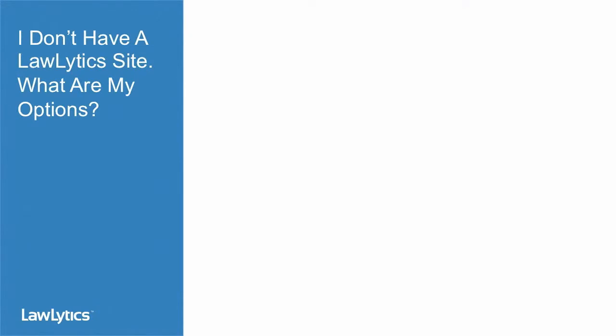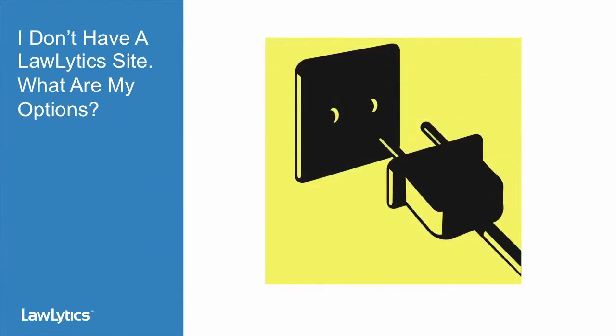So now you're probably wondering what you should do if you don't have Lawlytics and you want to make sure that your site is utilizing attorney-specific semantic markup. If you're using WordPress or another open source CMS like Joomla, Drupal, etc., you can try installing a structured data plugin.